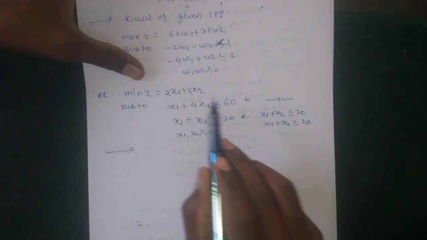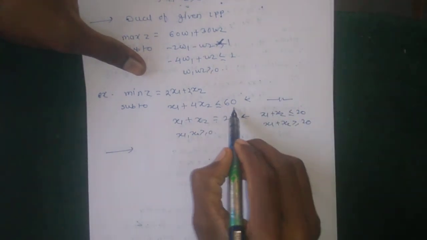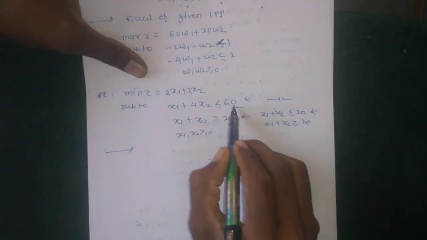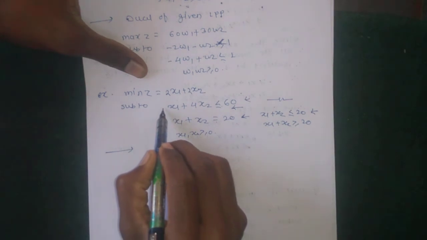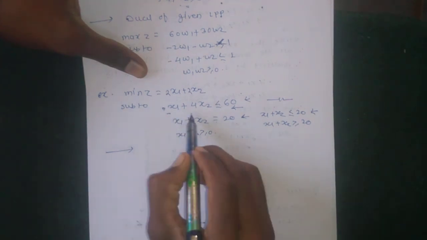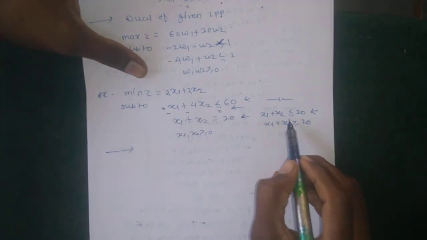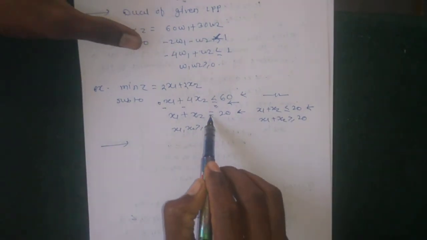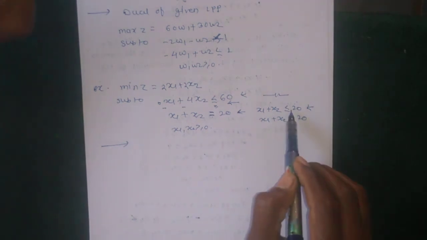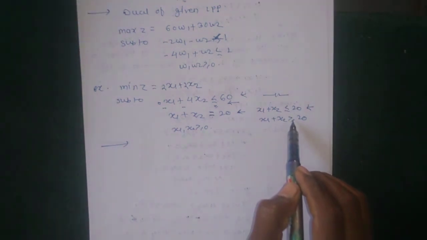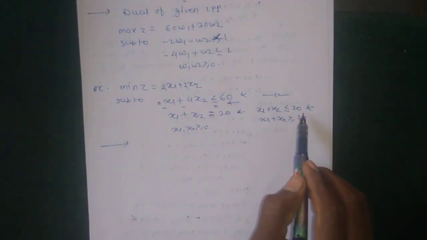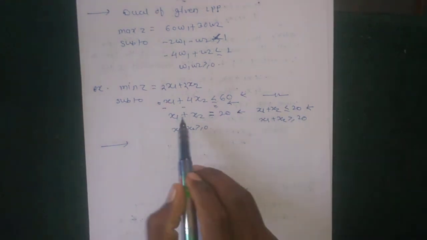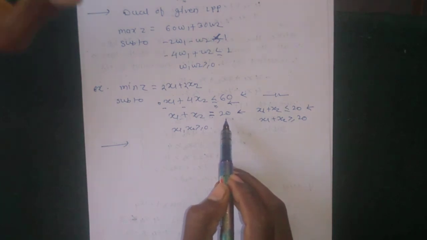Here the objective function is minimized type, and these constraints are less than or equal type, so multiply them by minus 1 to get minus, here also minus, and this is greater than or equal. Similarly, when a constraint is equal type, we write two constraints: the first is less than or equal type and the second is greater than or equal type. This means x1 plus x2 is equal to 20.